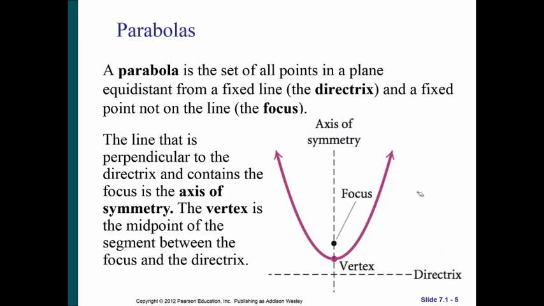So believe it or not, this distance between the focus and the vertex, let's call that P, is the same as this distance, P. And this distance from here to here, maybe we'll call that P sub 1, is the same as this distance, P sub 1.